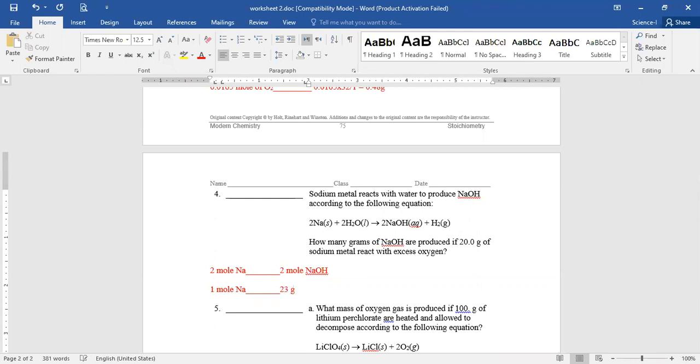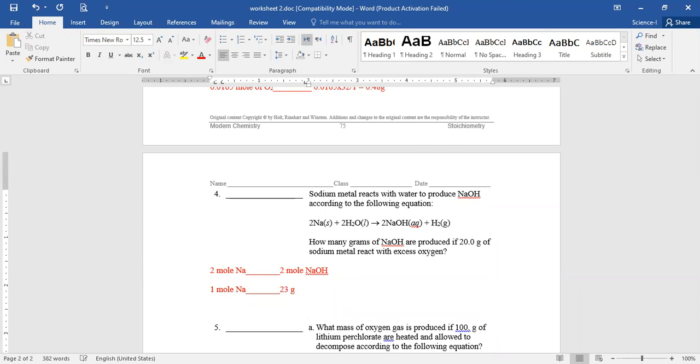So 20 gram will be 20 multiply 1 divided by 23.